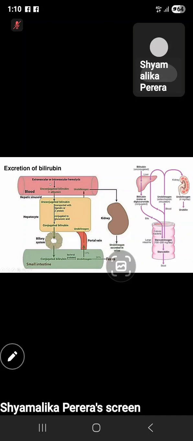In either site, when red cells start degrading hemoglobin, first the heme and globin parts are separated. The globin part goes to the amino acid pool to be reused. The heme part breaks down separately.